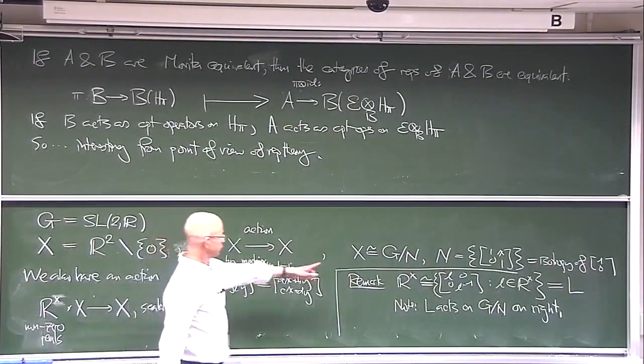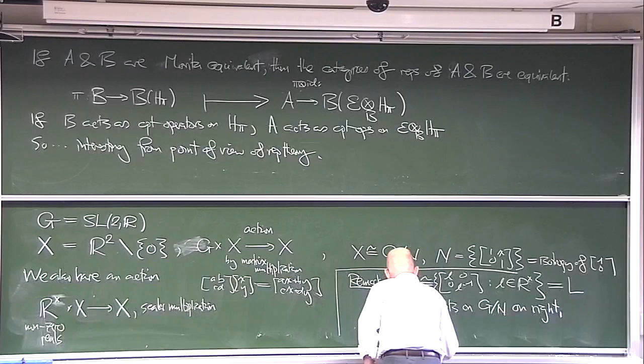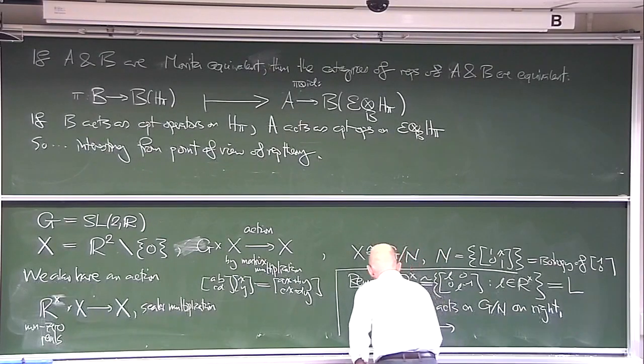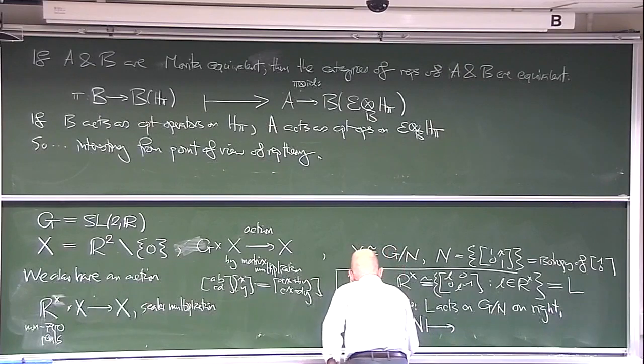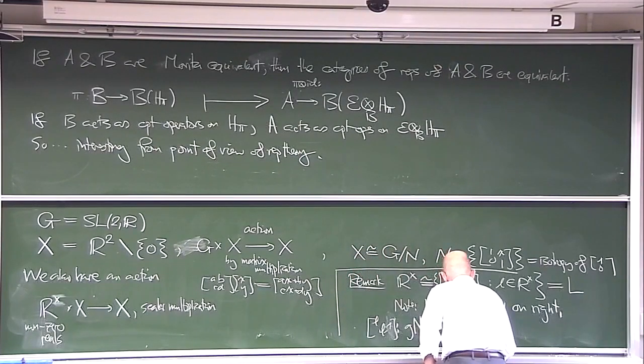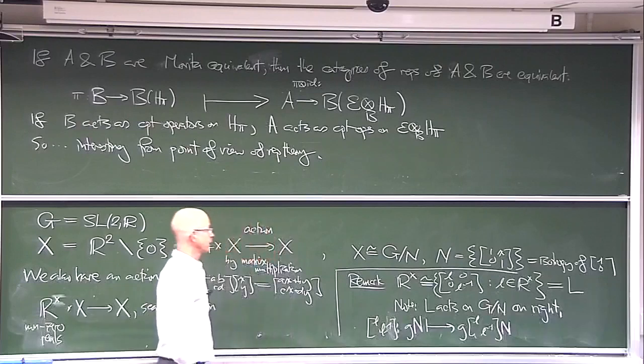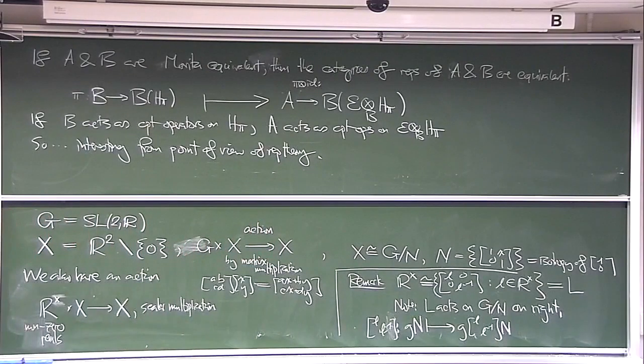So there's a right action of L on the cosets. L sends a matrix here, L has an inverse, sends this coordinate to G. That's a well-defined right action. And that's what's going on. Anyway, here's a little geometric story.